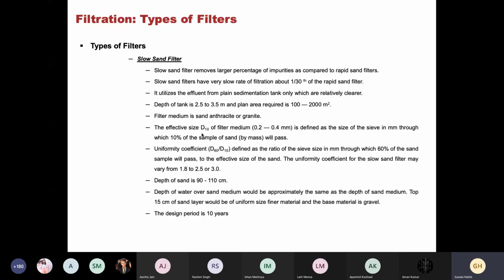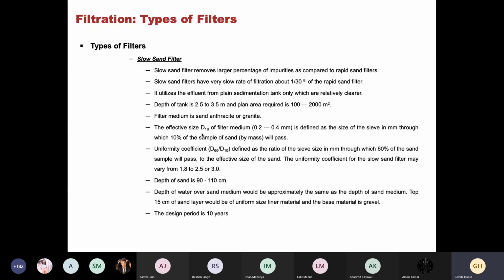Then uniformity coefficient, that means the size of the sieve through which 60% of the medium will pass, divided by the size of the sieve through which 10% of the medium will pass.